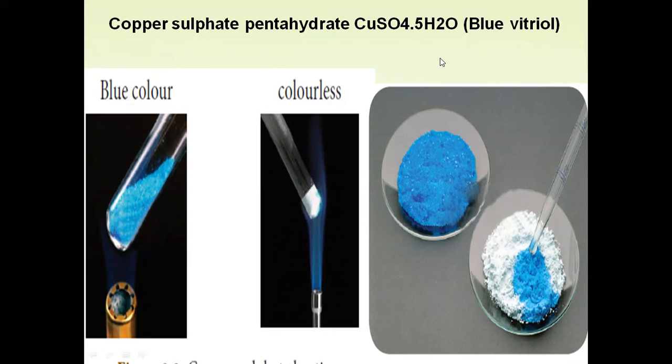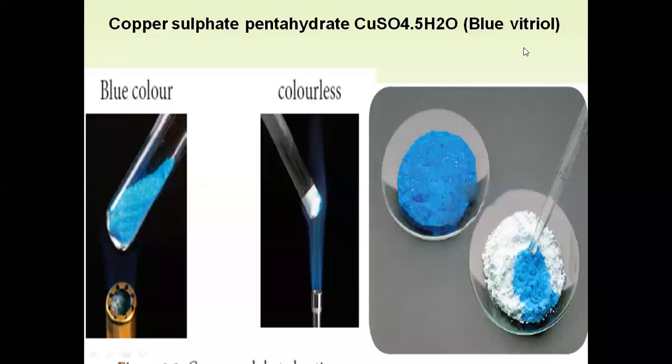We already know that copper sulfate dissolves in water and makes a saturated solution. The copper sulfate already has water molecules, that is 5H2O. The copper sulfate is blue in color.